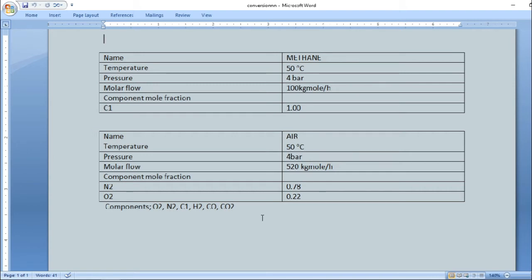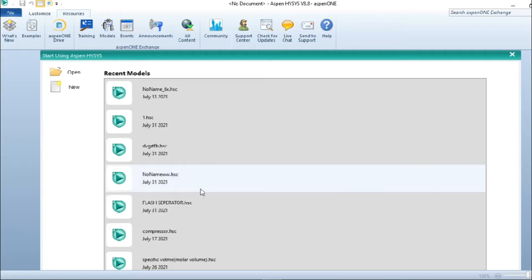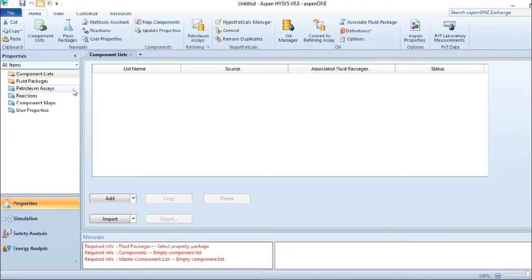So let's proceed to the HYSYS simulation environment. We now go to new, and we add our components.